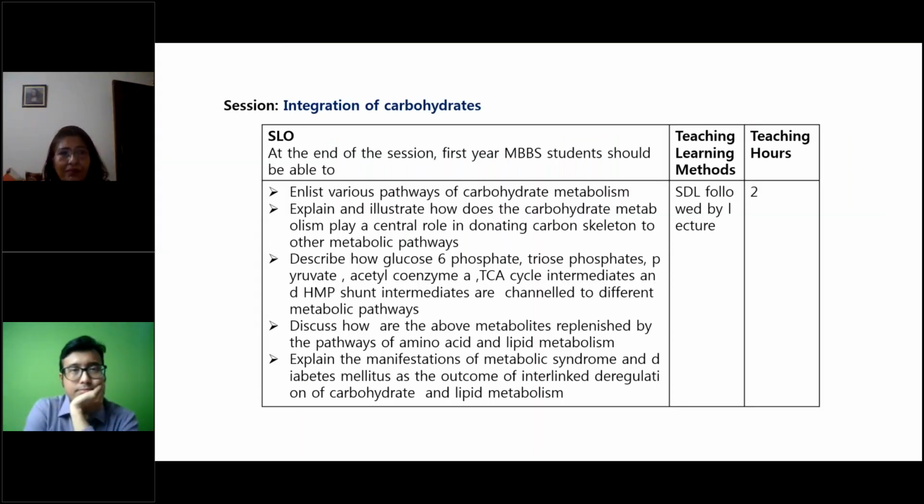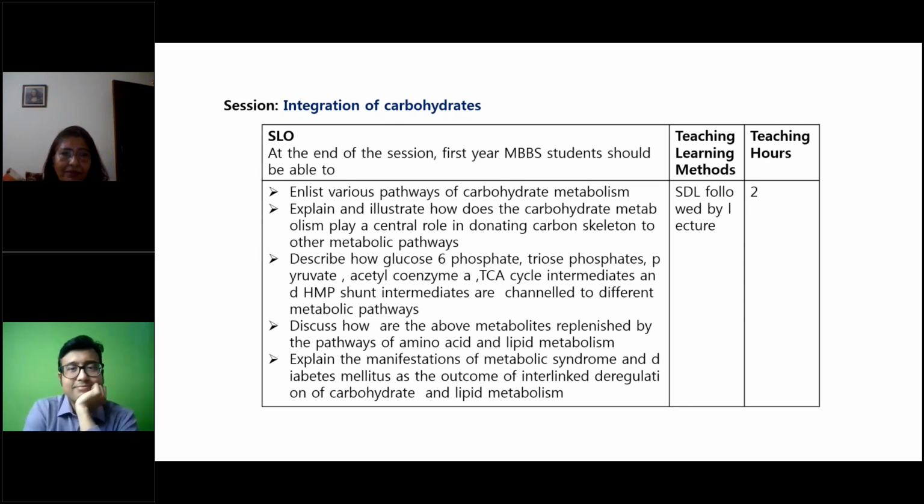These are the learning objectives for this integration of carbohydrate lecture session. The students should be able to enlist various pathways of carbohydrate metabolism. Then explain and illustrate how carbohydrate metabolism plays a central role in donating carbon skeletons to other metabolic pathways.